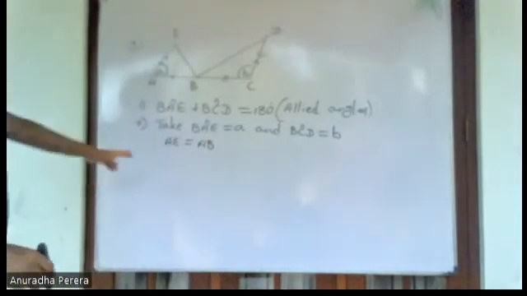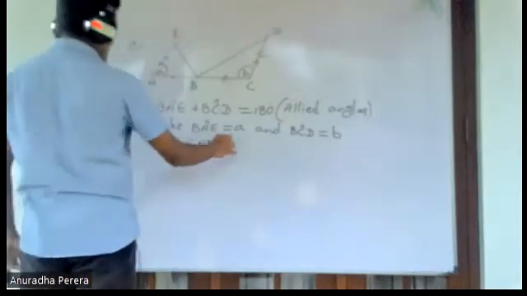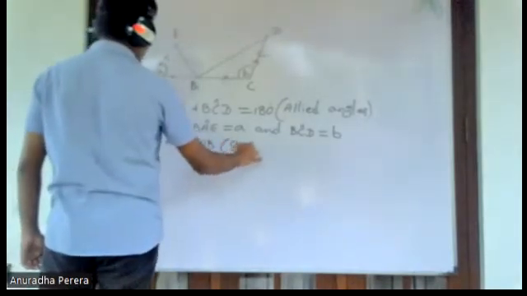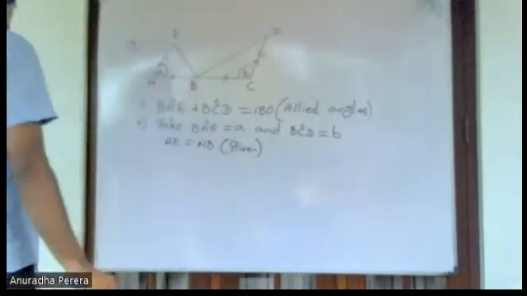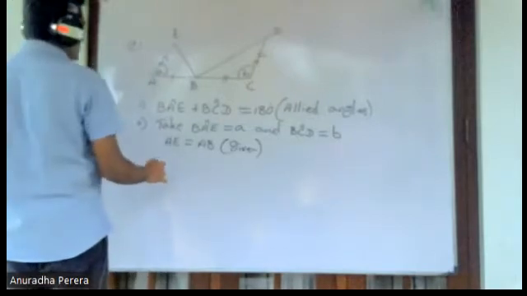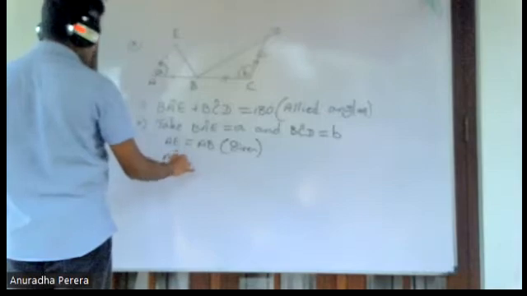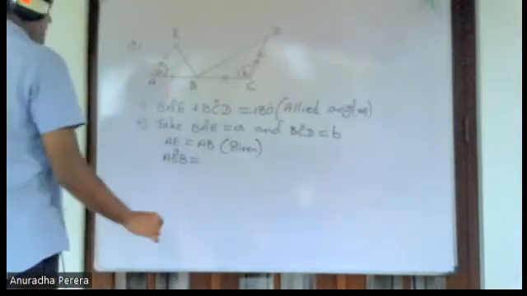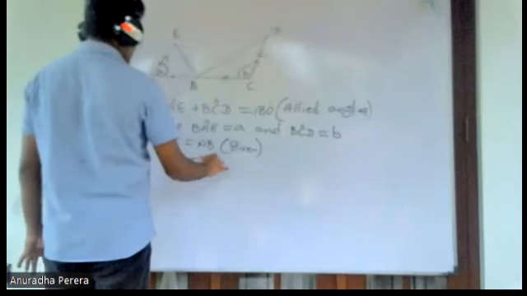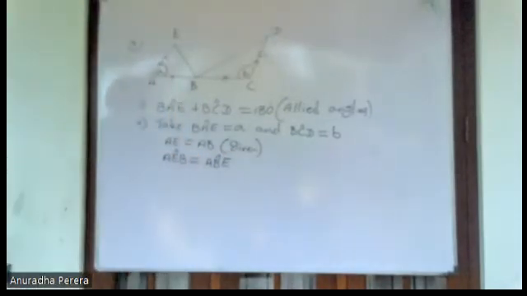If these two are also equal according to the Isosceles Triangle's theorem, this is given, right? Then AEB equals ABE.